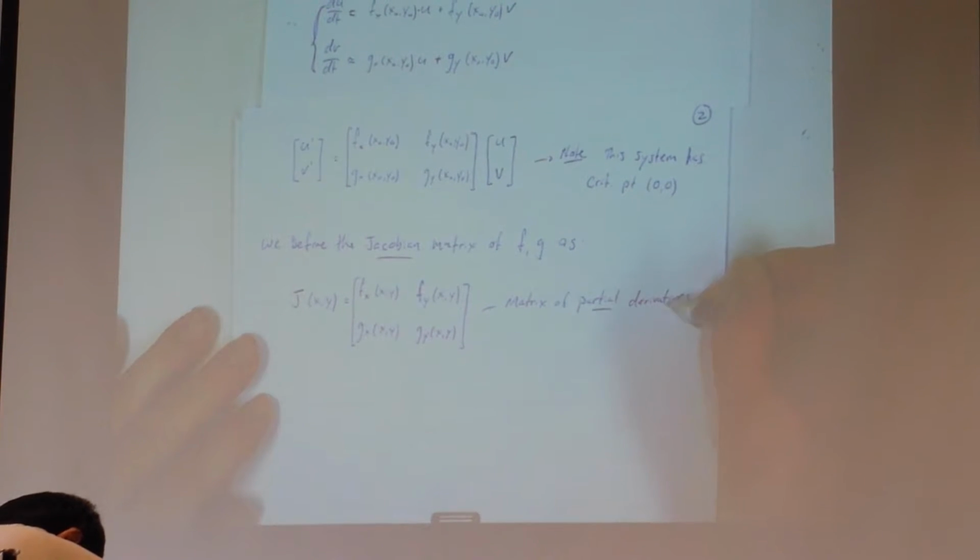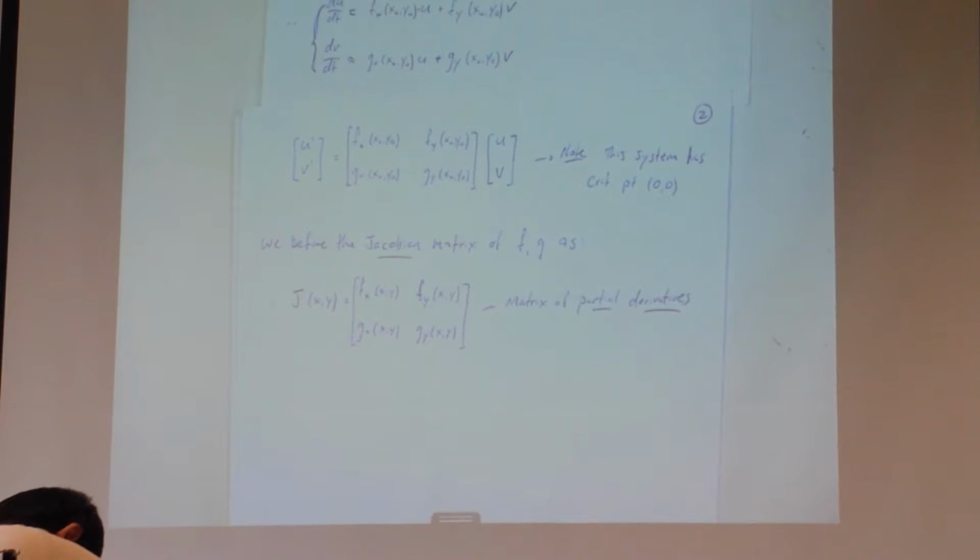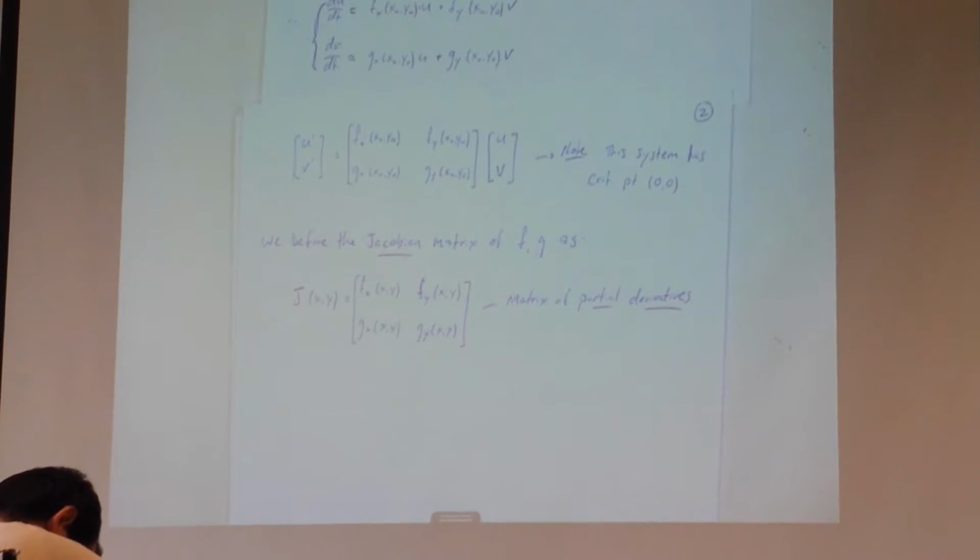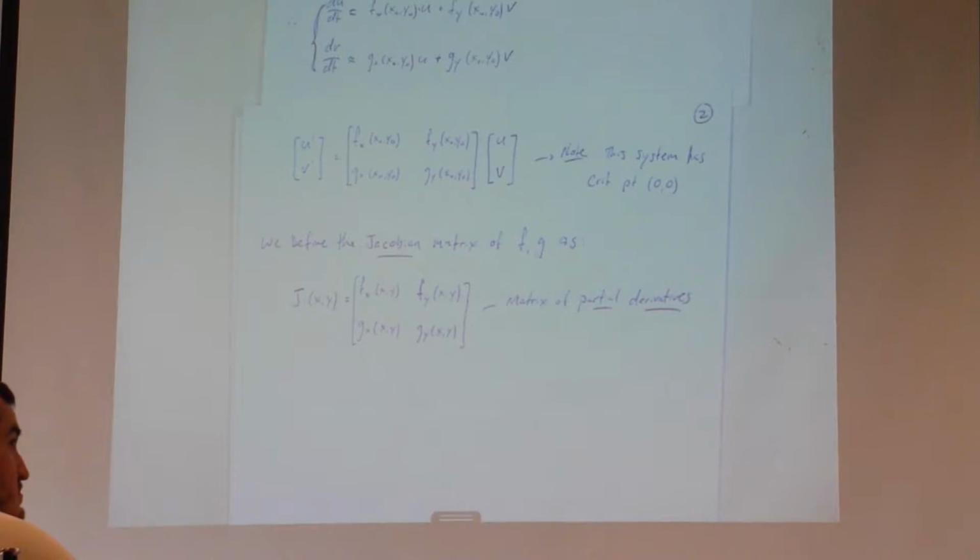Similar to one that you saw if you did the max and min test in Calc 4, where you look at the determinant of a matrix of partials, except it's second partials: function with respect to xx, xy, then yx, yy. Determinant of that. All right.